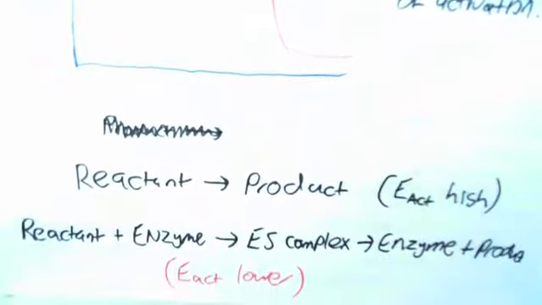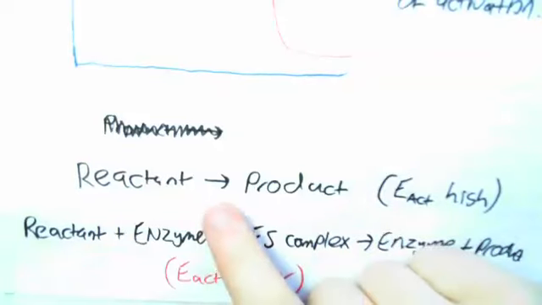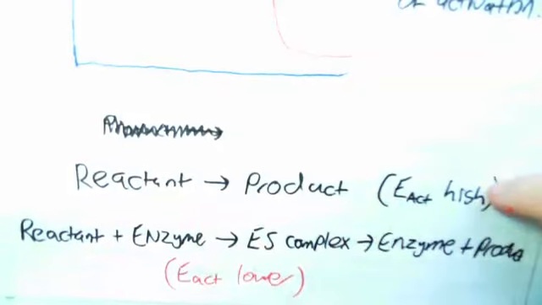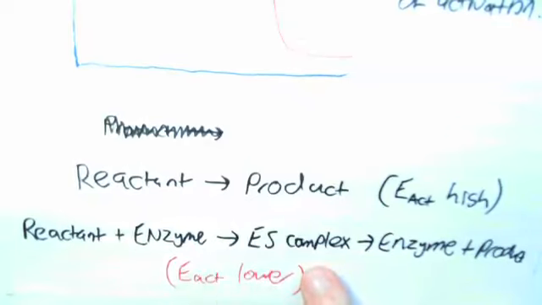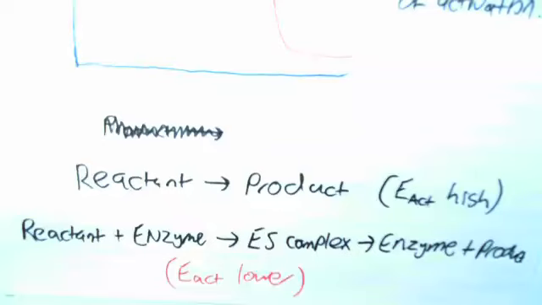When you look at kinetics, you look at the different steps. When we look at the uncatalyzed reaction, with no enzyme catalysis, we just have reactant going to product, and we have a higher energy of activation. With an enzyme catalyst, we have reactant plus enzyme, which goes to an enzyme-substrate complex, which stabilizes the transition states of the reaction.